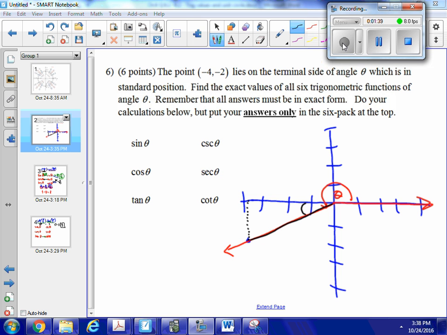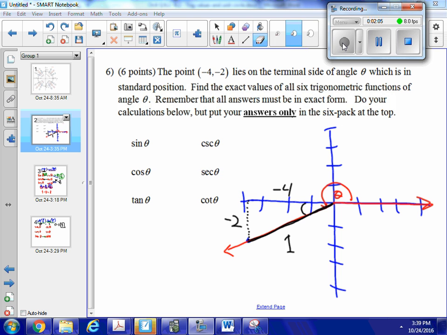Well, I already know that I have one side here which is -4, and another side here which is -2. And I can see that this radius, or this ray here that's making my angle, is always going to be the hypotenuse of the triangle. And the hypotenuse is the largest side of a triangle. So there's no way it can be 1, because 1 is smaller than 2 and 4.